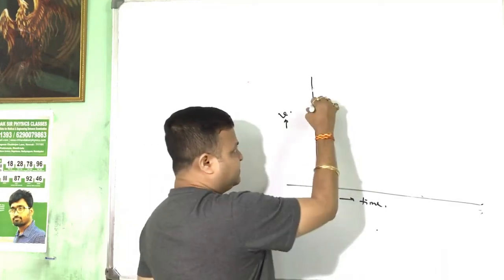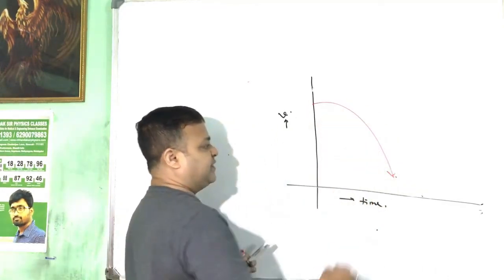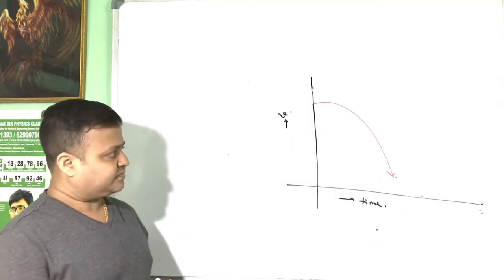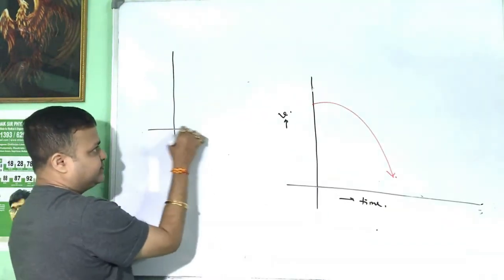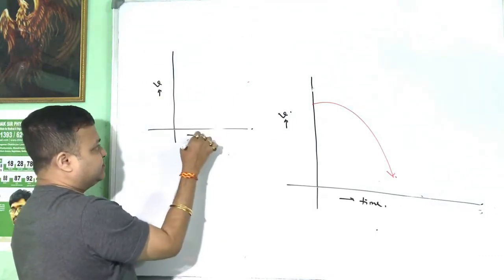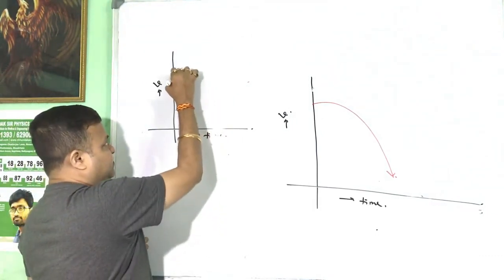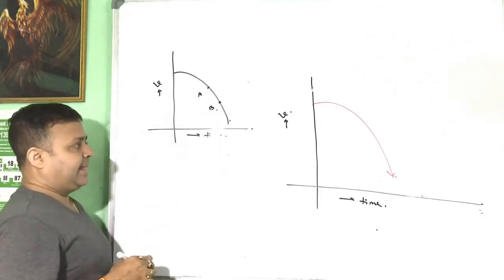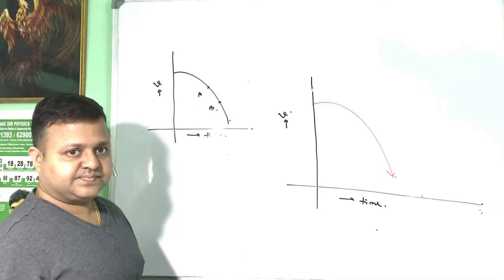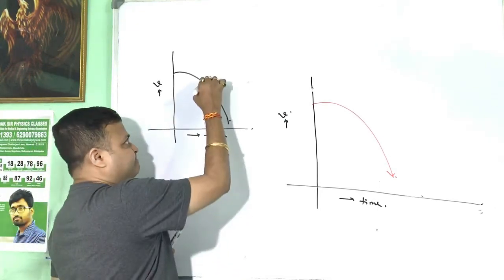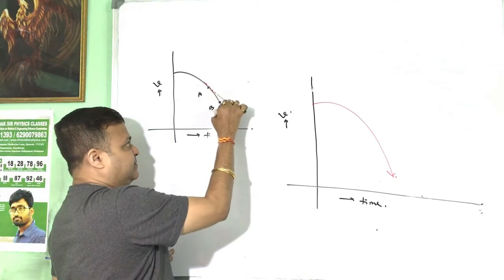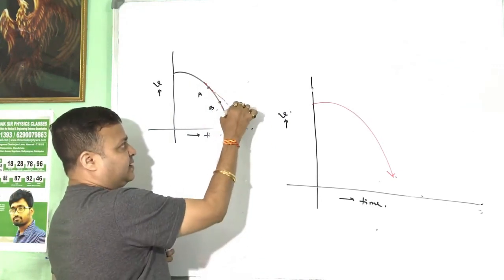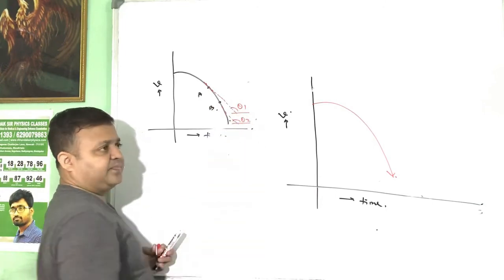Non-uniform retardation means this one. Can I explain that? Suppose we consider two points A and B. If we draw the tangent, this is theta 1, this is theta 2.